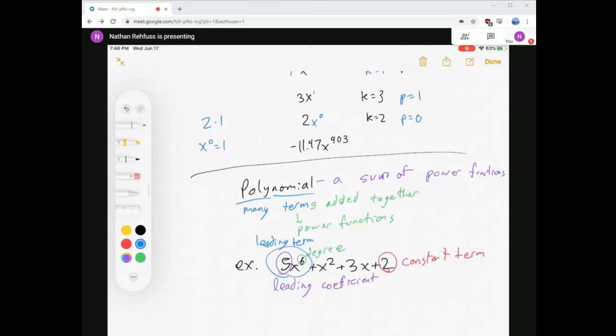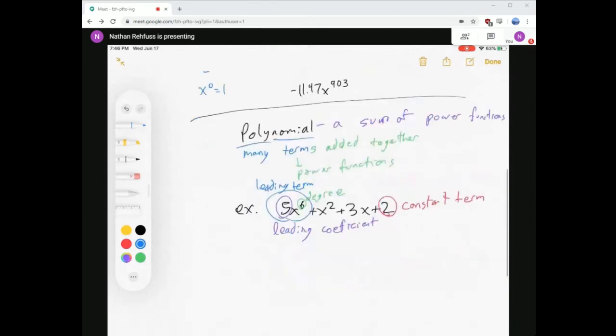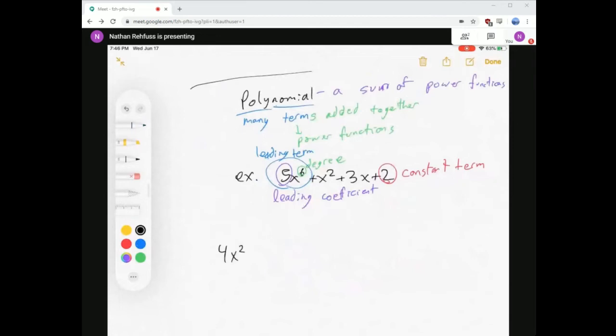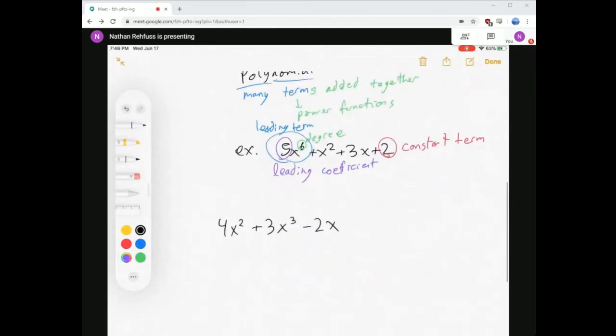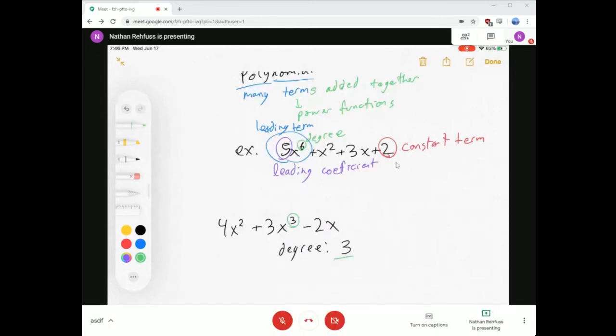So if I were to write something like 4x squared plus 3x cubed minus 2x, this is that trick polynomial I tried to get you with before. Here the degree is 3, because that's the biggest exponent. I just didn't write it first. If I write it in order like this, we call that standard form.